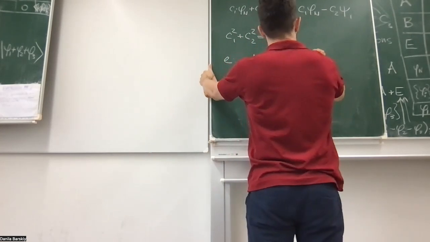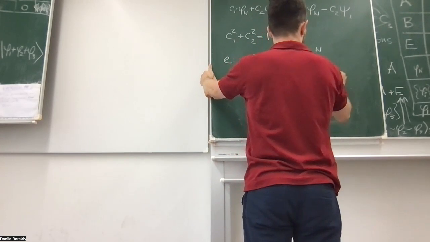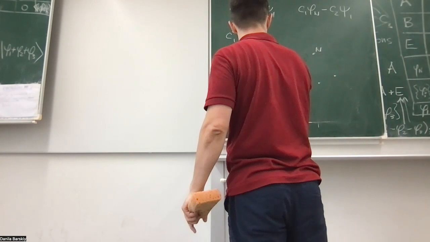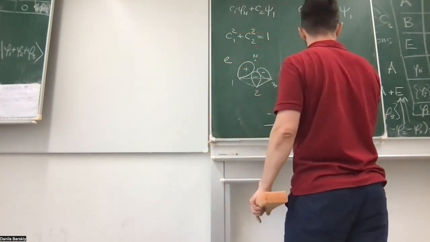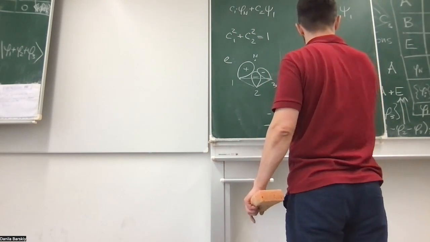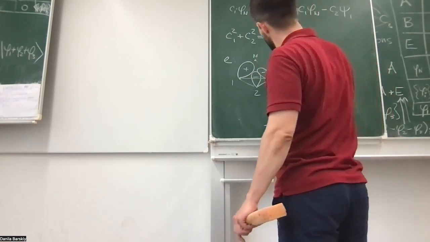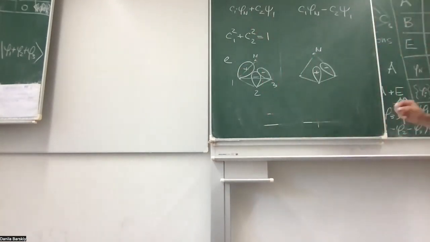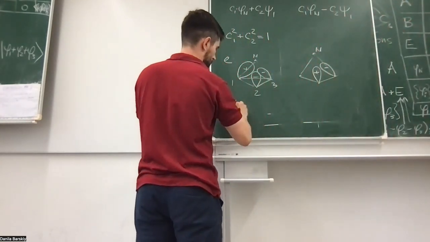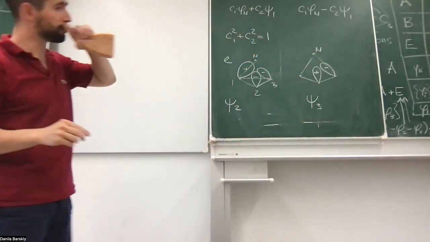And the second, this first carbon also doesn't participate. Just the second is positive, the third is negative. Right? That's what we found. Psi2, Psi3. This is our Psi2. This is our Psi3. So that's how they look.